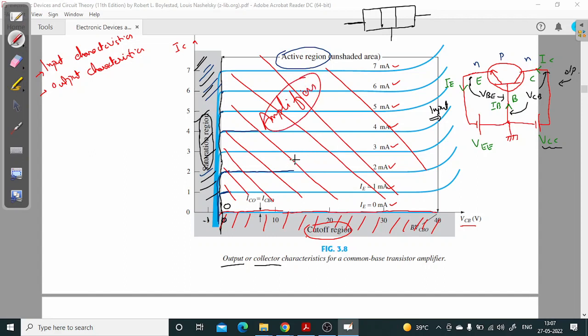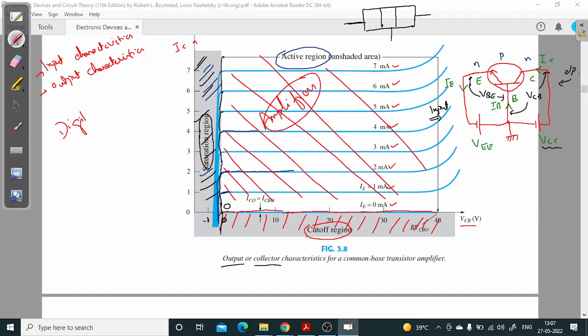So amplifiers are built in the active region, remember always. And digital circuits, which work on a binary pattern of 0 and 1, 0 means off and 1 means on. So cutoff means 0, saturation means on. So digital circuits are constructed by using the cutoff and saturation regions.